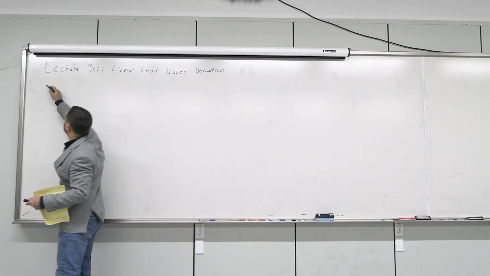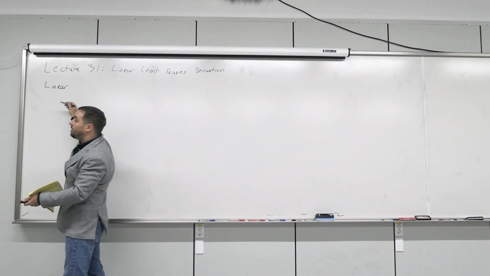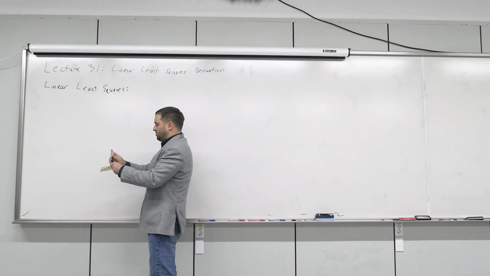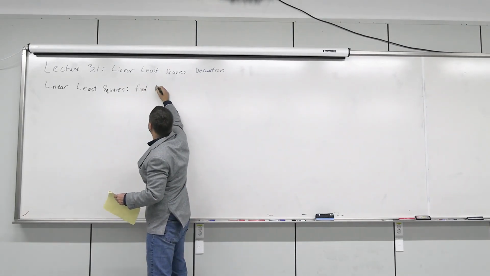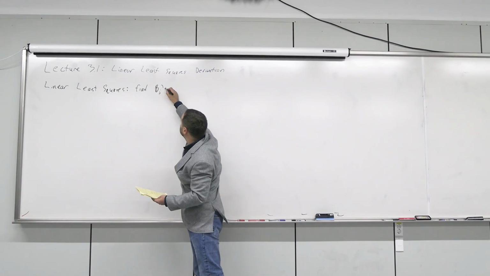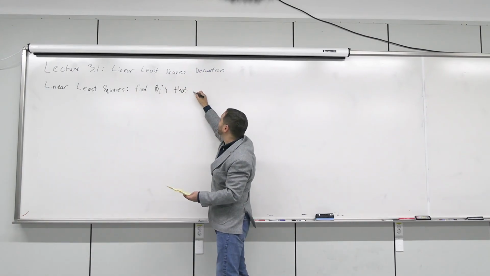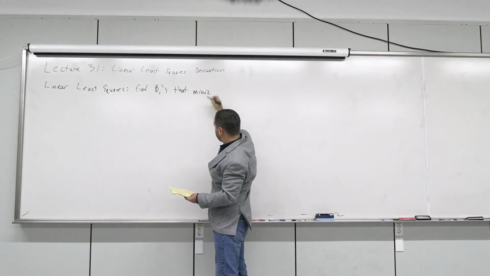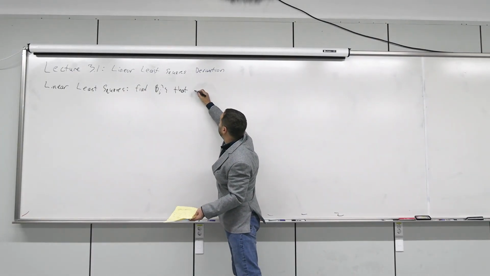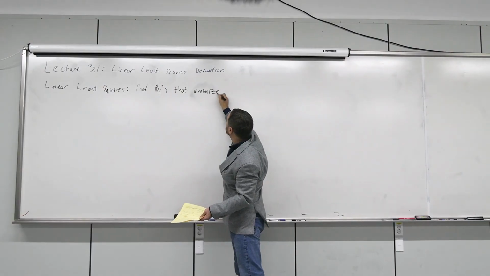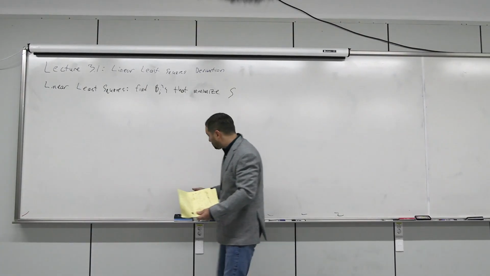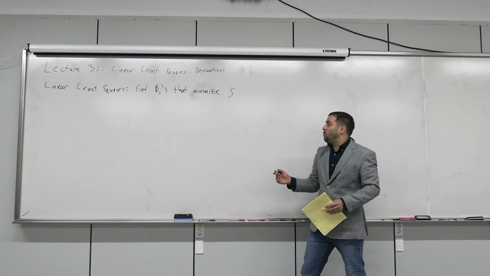The purpose of linear or ordinary least squares is to find the fitting coefficients beta j, for j equals 0 to m, that minimize the sum of squares S. So now we have a minimization problem.